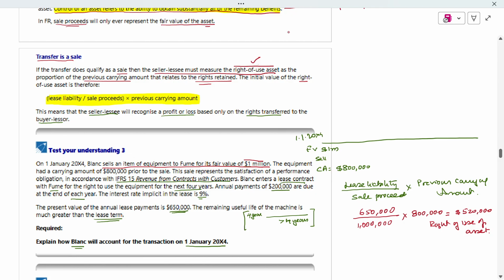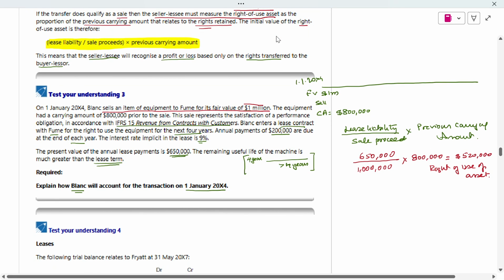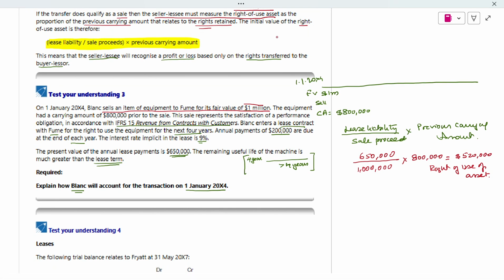Yes. Now, slowly, in reality it is like this. You are selling the asset for 1 million.